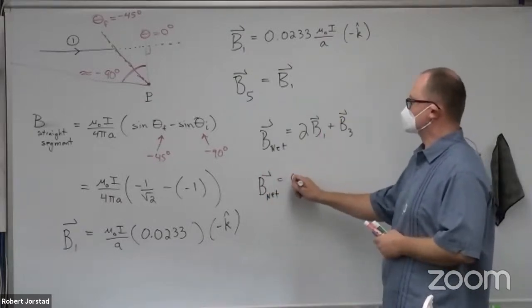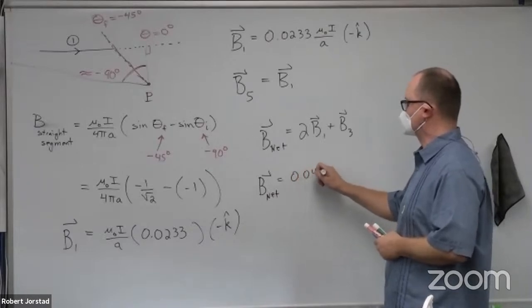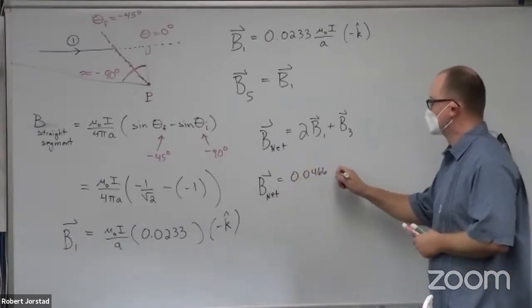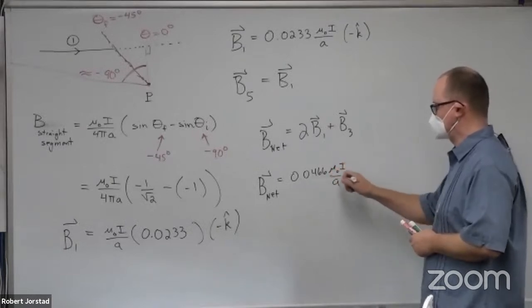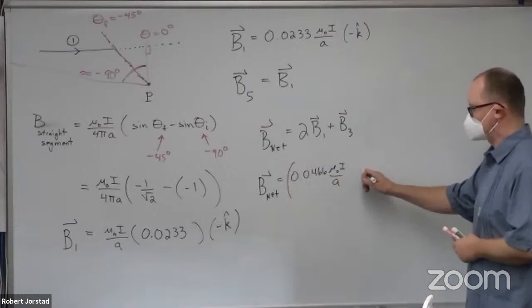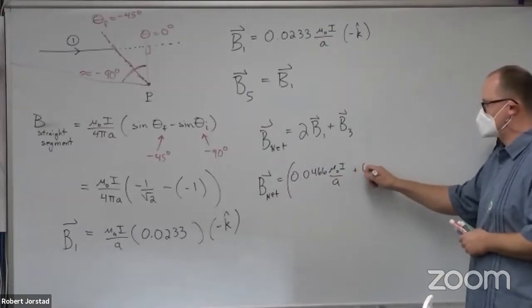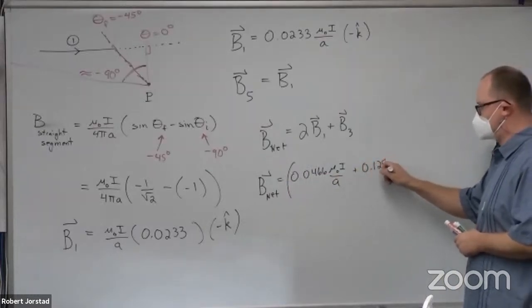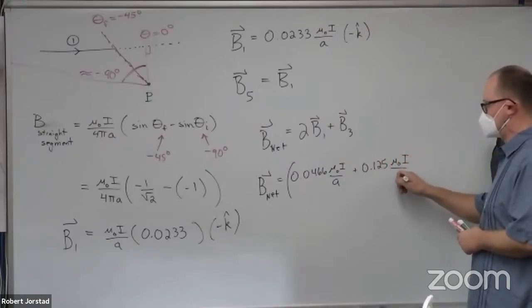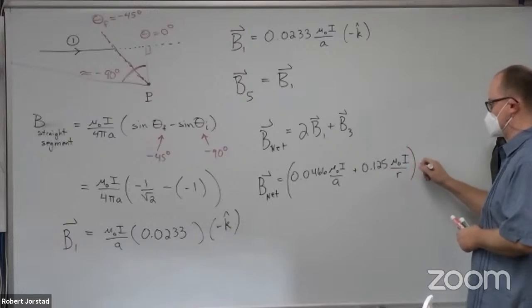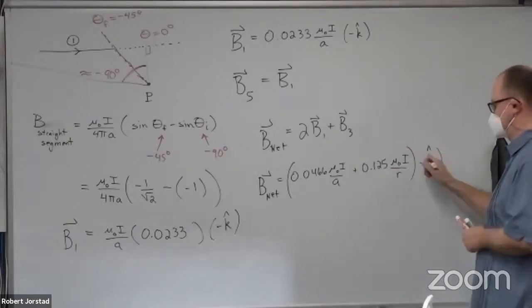Well, I'm just going to write that: 0.0466 mu naught I over A. And what was the other one? 1/8, which is 0.125 over R in the negative k hat, right?